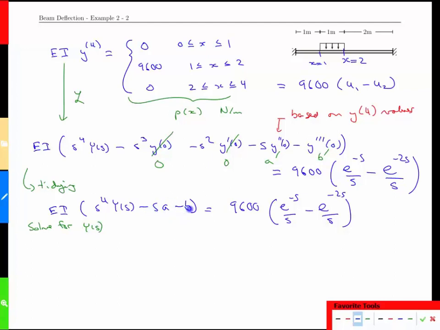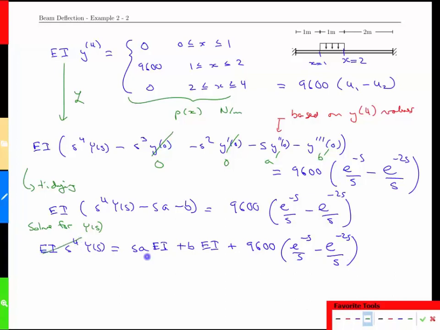Bringing the s, a, and b terms over to the other side, we have sa positive times EI plus b positive on the other side times EI plus 9600, e to the negative s over s, e to the negative 2s over s. And finally, we can divide through by EI s to the 4.